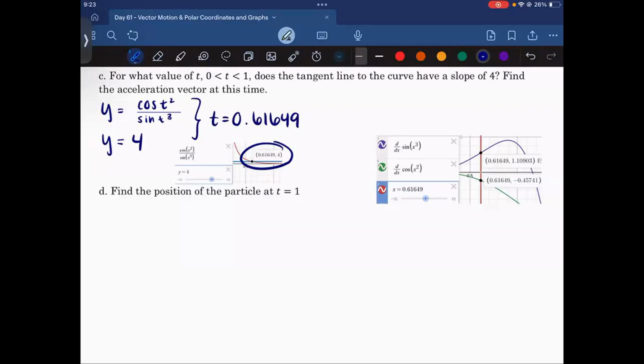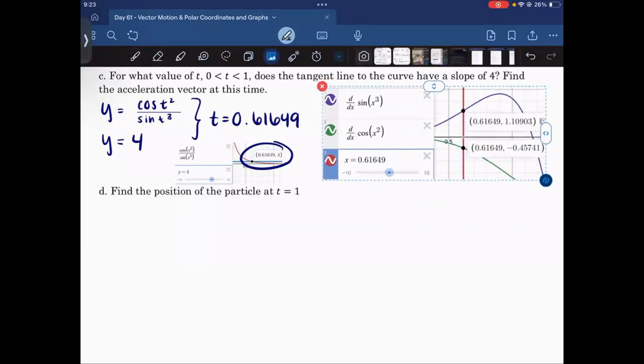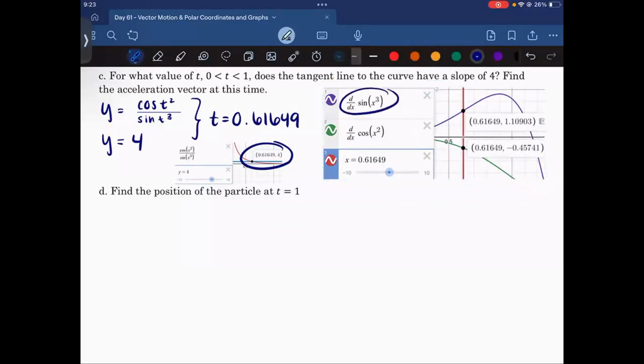Now what we're going to do is find the acceleration. So the acceleration is going to be the derivative, and we know that because it goes from position to velocity to acceleration. We already have the velocity, and so we're just going to take the derivative. What I did here is I took the derivative of our sine.